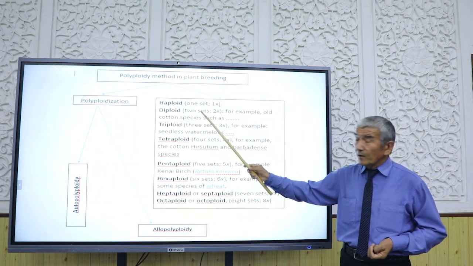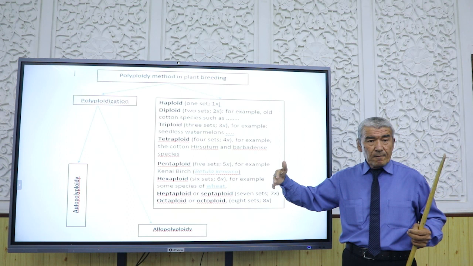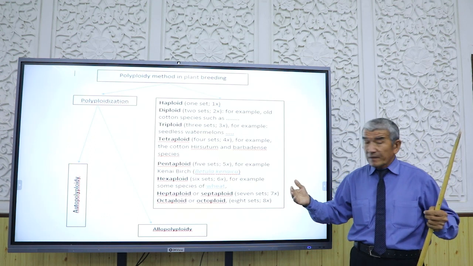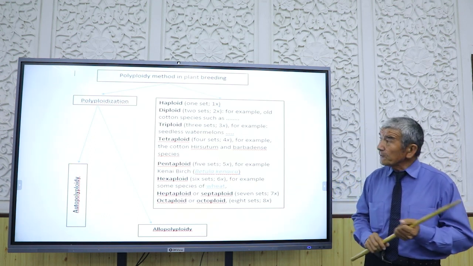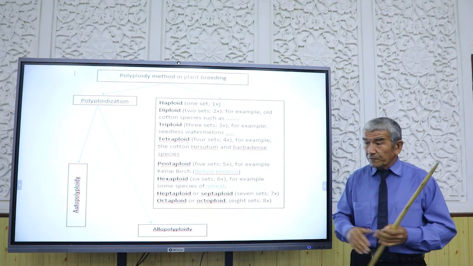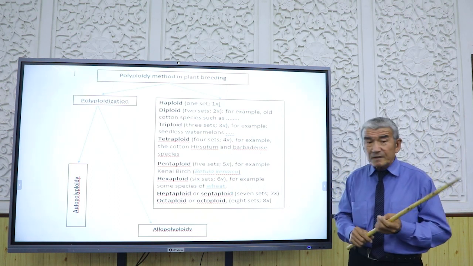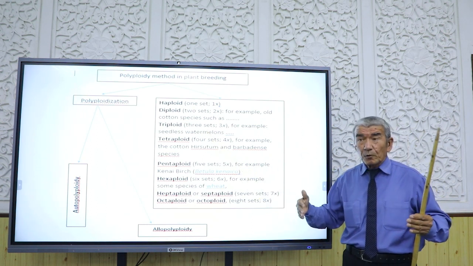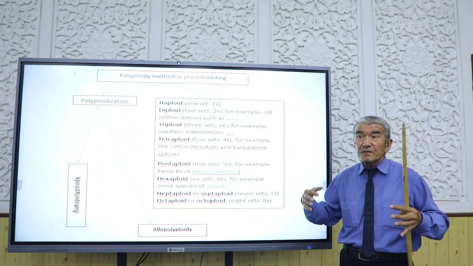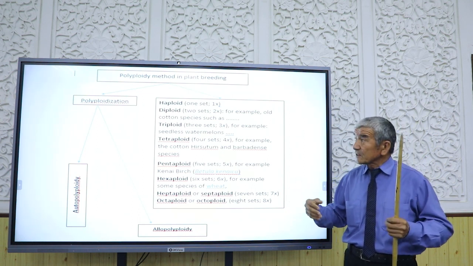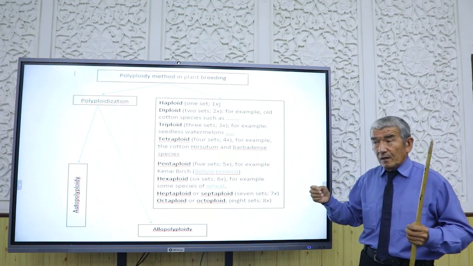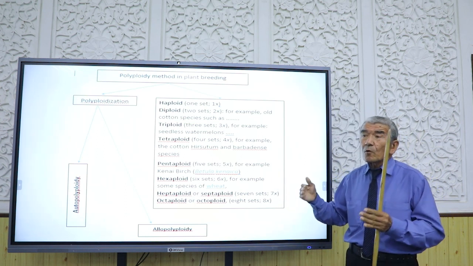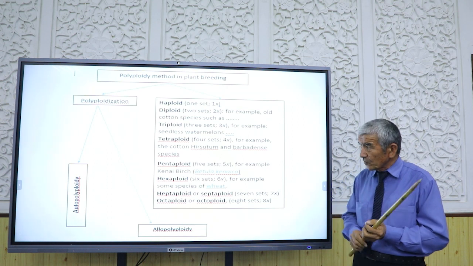This way of forming diploids can occur in natural conditions. Historically, we have other species of cotton plants characterized by tetraploidy, 4 sets of chromosomes in their cells. They are diploid and get into tetraploid, 4 complete sets of chromosomes.